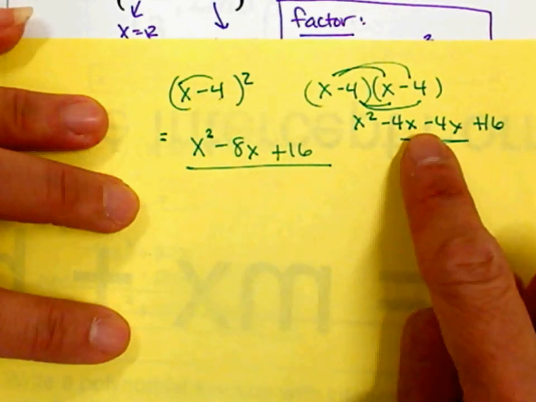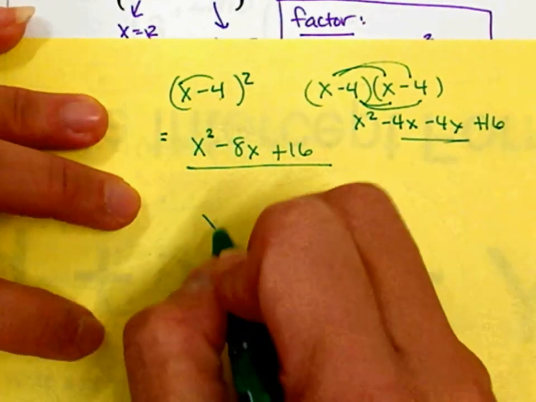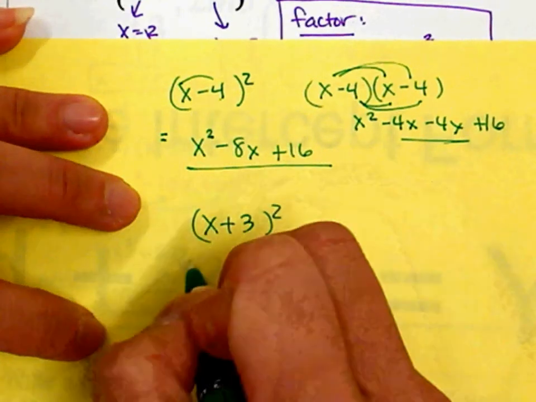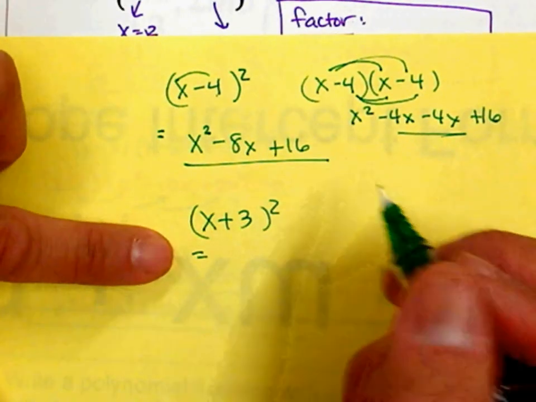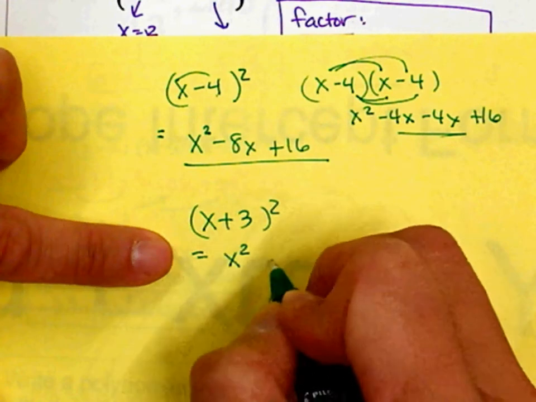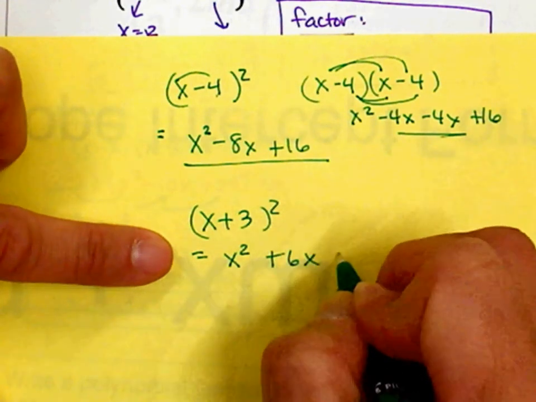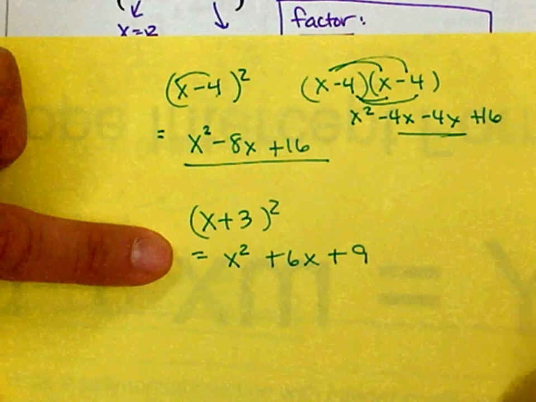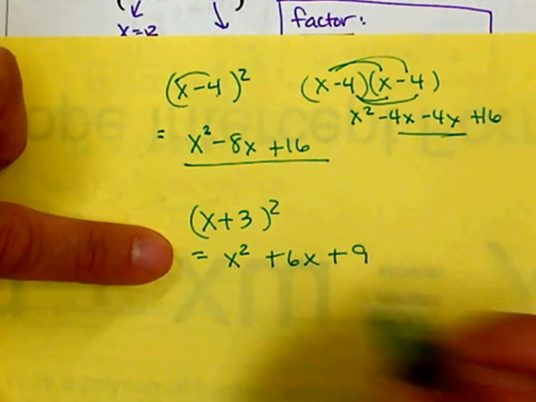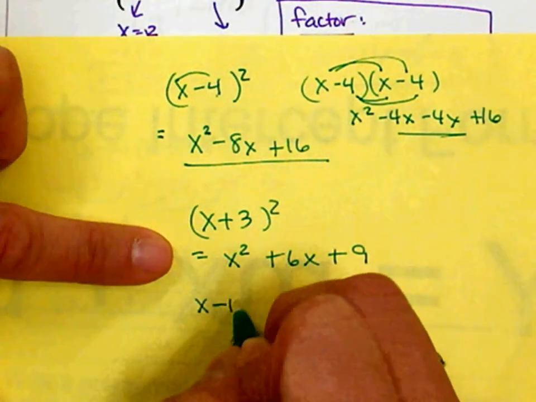Okay, here's another one. What's x plus 3 squared? How do you write that in standard form quickly? X squared. Just like that. You guys see how we just did that? Okay. Pick another number. How about x minus 11 squared? Write that in standard form.